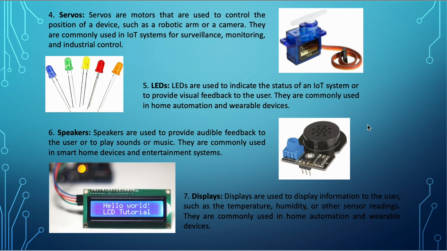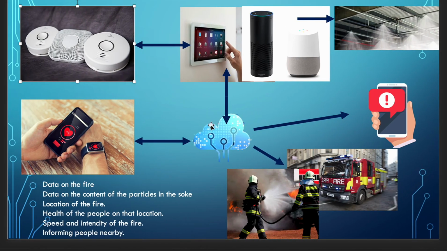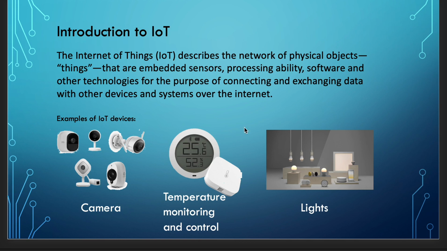So when talking about displays, I think that is the most commonly used platform to communicate with IoT devices, right? We will look at the examples quickly. Alerts coming through, we can see it on our phones. A smart fridge having a display connected to the internet. We talked about how that can be used. Then of course temperature monitoring, and that information can be seen.